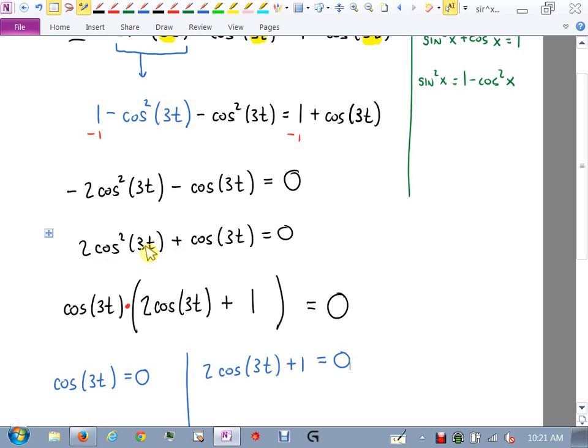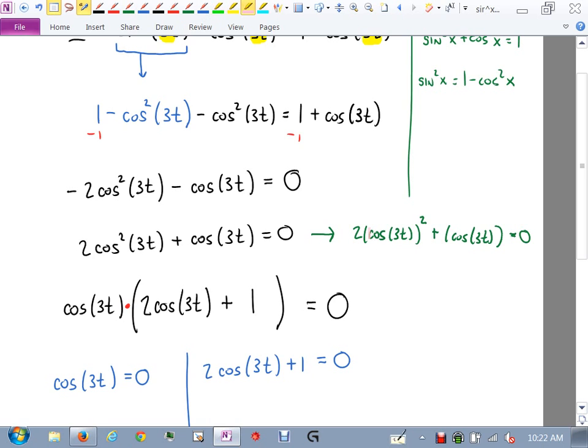Cosine 3t. This from here. Okay, so this right here, let me write it on the side. This right here is the same as 2 cosine 3t squared plus cosine 3t equals 0.